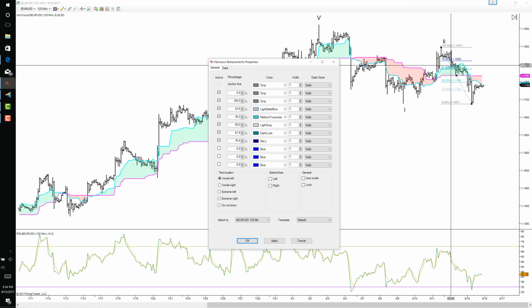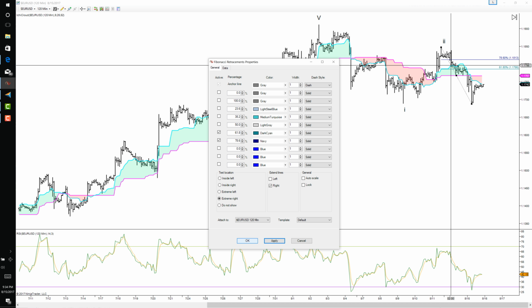So I'll change the 76.4 to 78.6, and take all the rest of the stuff off so that you can see it clear. And let me move it to the right again.